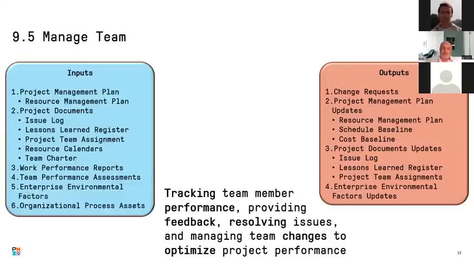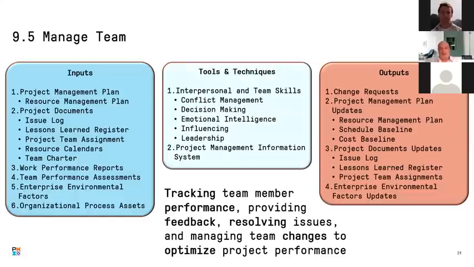The inputs that we have are the project management plan, of course, the project documents, the work performance report, the team performance assessment, which we just talked about in how we are going to develop the team, and of course the EEF and the OPA. Tools and techniques are the interpersonal and team skills and the project management information system.